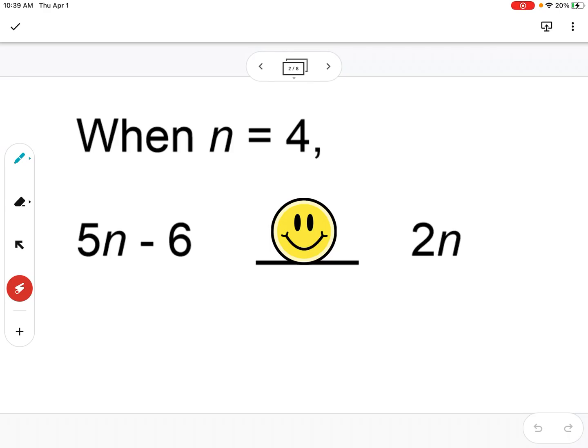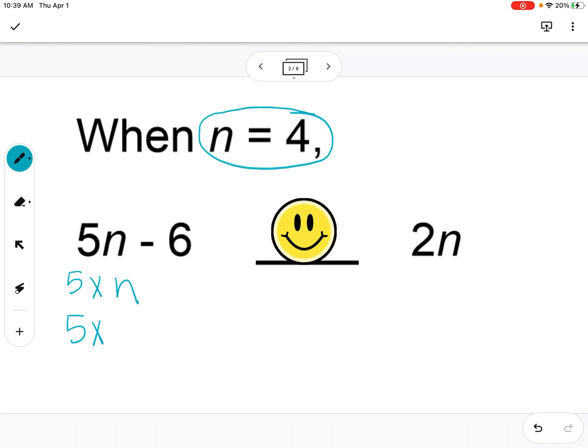I remembered that anytime I see a letter, a variable, and a number smushed together, that means to multiply. So 5n really means 5 multiplied by n. Since they're telling me up here that n equals 4, it's asking me to say 5 times 4. That equals 20.